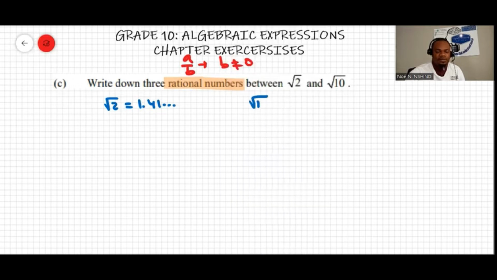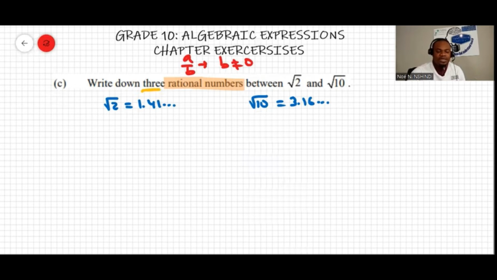Now, to answer this question, I need to write down three rational numbers between these two.